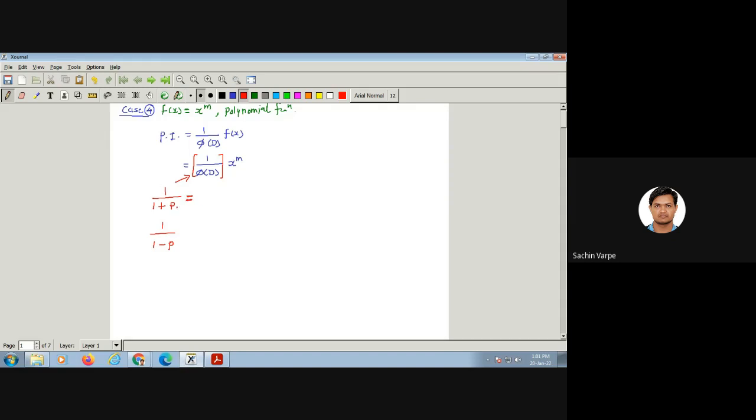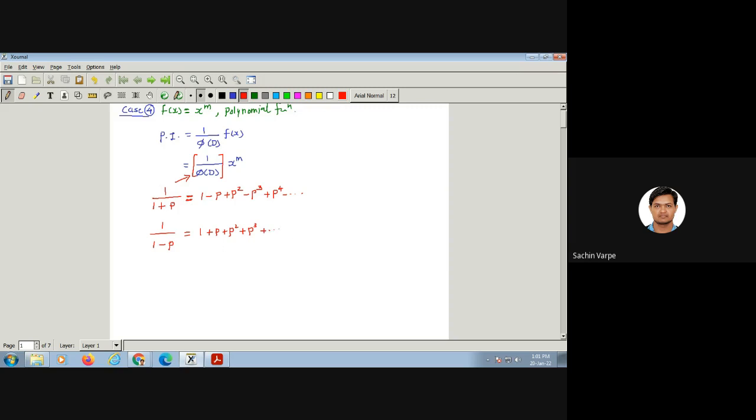We know the expansion of 1 upon 1 plus p is 1 minus p plus p square minus p cube plus p raised to 4 minus, and so on. And the expansion for 1 upon 1 minus p is 1 plus p plus p square plus p cube plus, and so on. Isn't it?